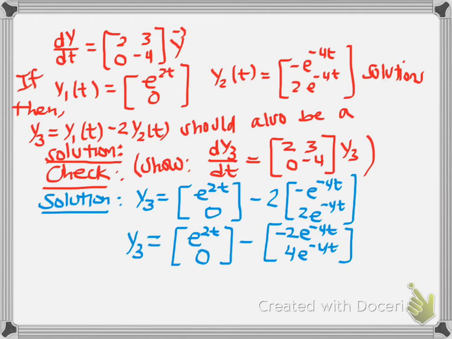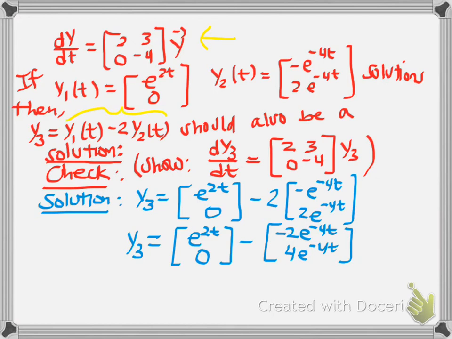Okay, so let's say now, I'm using the same differential equation and assuming that y1 and y2 were given as solutions. But this time, instead of showing whatever I gave you for the homework, we're going to let y3 equal y sub 1 of t minus 2 y sub 2 of t.